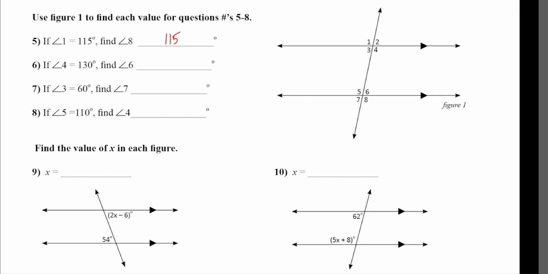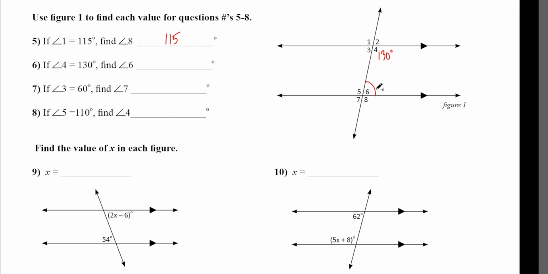And we have to do a little work with that, which brings us to number 6. It says angle 4 is 130. So angle 4 right here, that's 130. The question is, find angle 6, this angle right there. So look at the relationship. Compare them to each other. Look at that angle 4, look at that angle 6. We just finished talking about that.